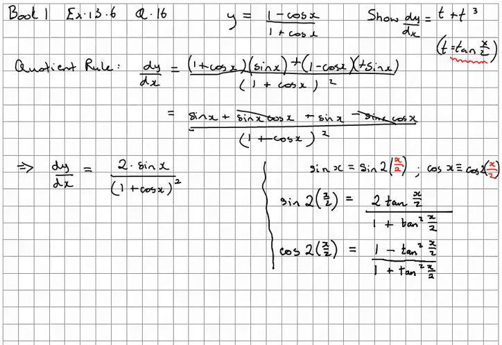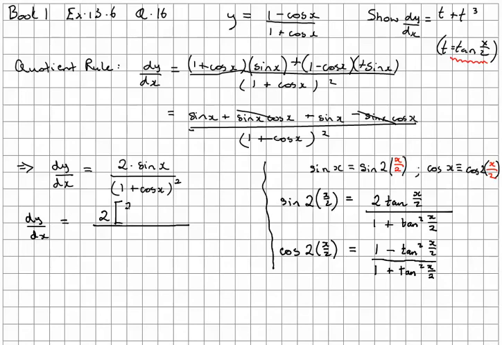So using those two things, we're going to introduce tans instead of sines and cosines into our dy/dx. So over here in dy/dx, two times sine x, which is the top line of our dy/dx, is now rewritten as 2 times the 2 tan x over 2 over 1 plus tan squared x over 2.